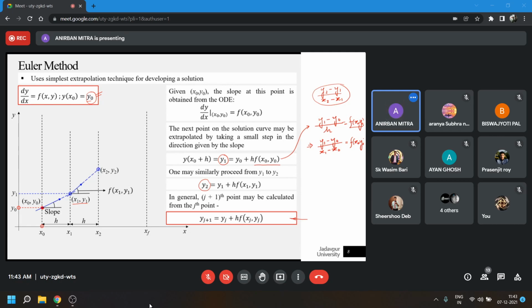This is the general formula for the Euler method. y j plus 1, that is the j plus 1th point, is equal to y j, the y coordinate at the jth position, plus h, the step size, multiplied by f of x j, y j. On the right hand side, everything should be known. So very easily you can calculate the value of y j plus 1.